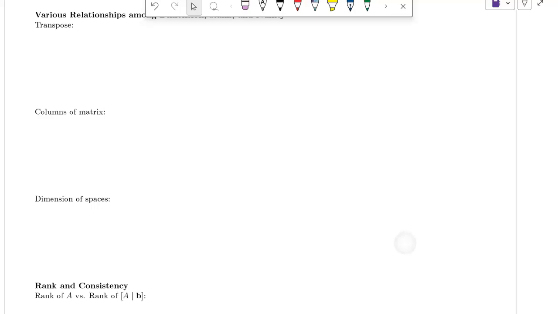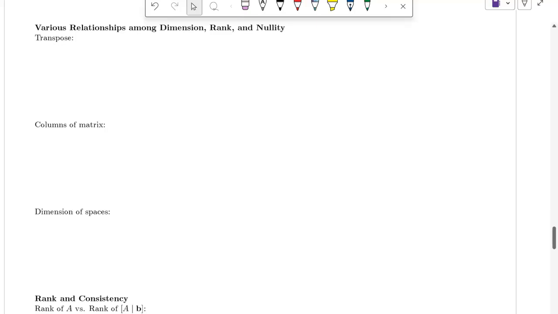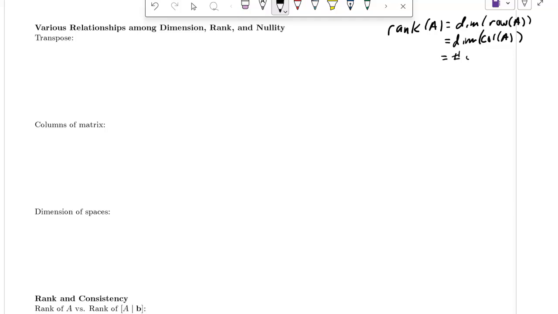Okay, cool. All right. So what I want to talk about today is some of the relationships between the dimensions of these spaces, the rank, and the nullity. So just write down again: the rank of the matrix is the same as the dimension of the row space of the matrix, which is the same as the dimension of the column space of the matrix, which again is the number of pivots in the reduced row echelon form of the matrix. Okay. Did all that last time.